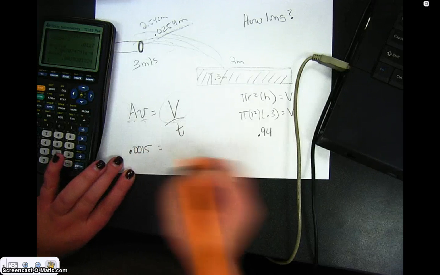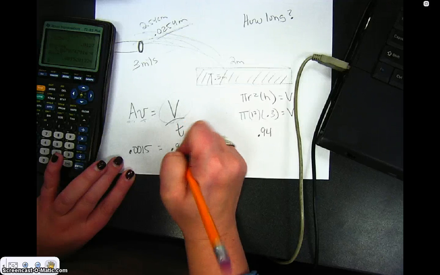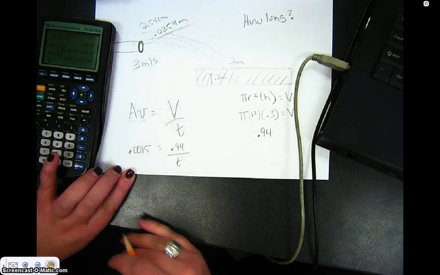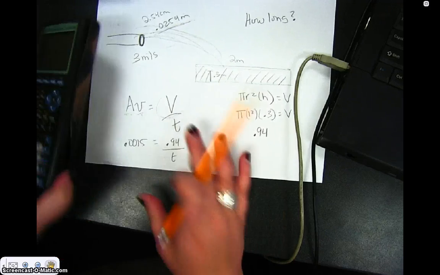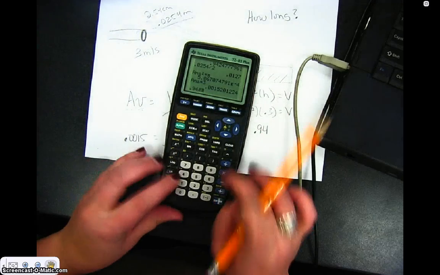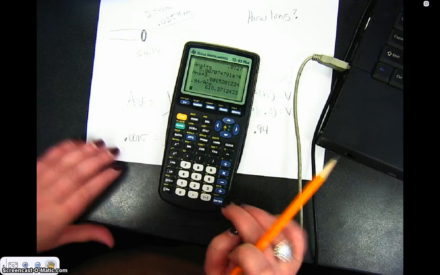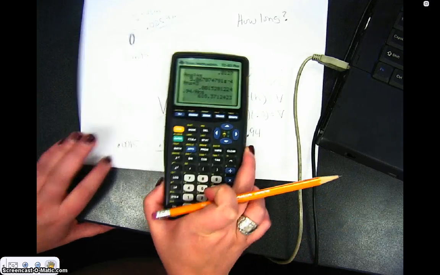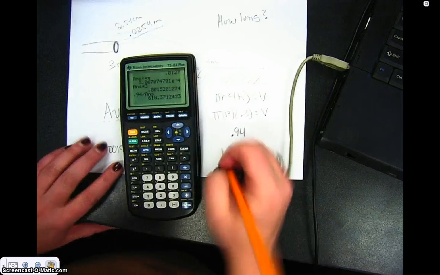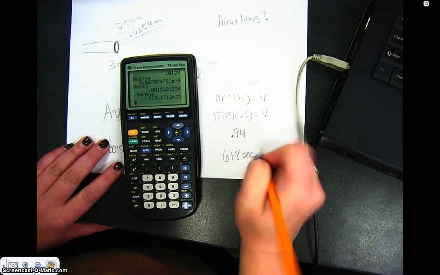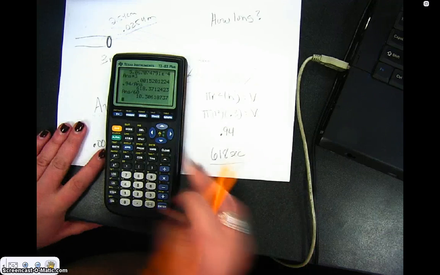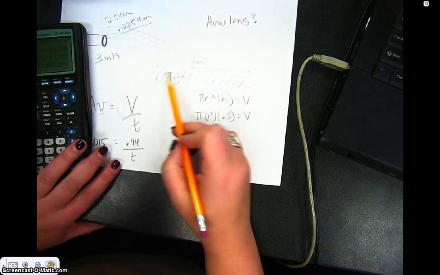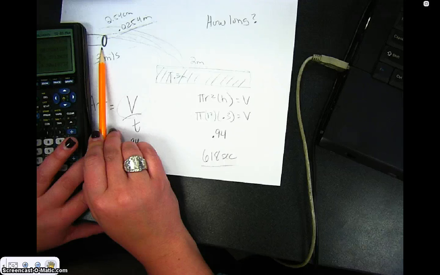So I have this, which is 0.0015, is equal to the volume 0.94 divided by the time, and I'm really trying to find the time that it takes to fill over here. So if I just solve for t, I can just take the volume and divide by the answer. And I get that it's going to take about 618 seconds. So about 10 minutes for me to fill up this kiddie pool with the water that's leaving here.